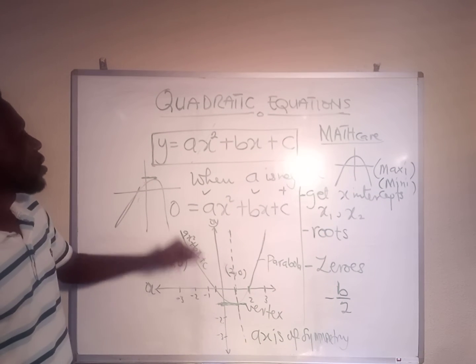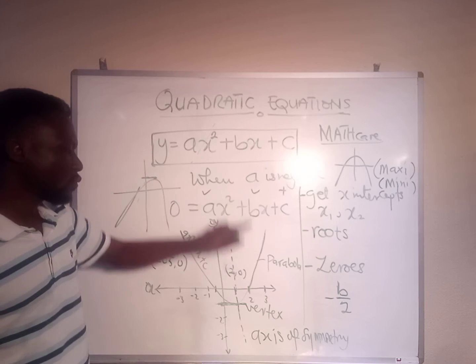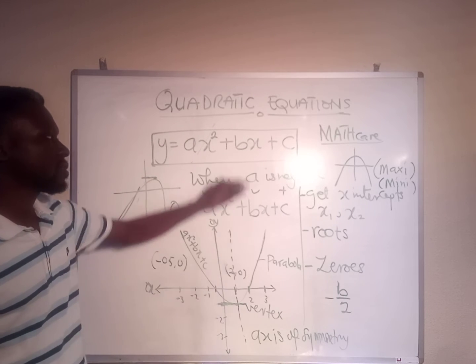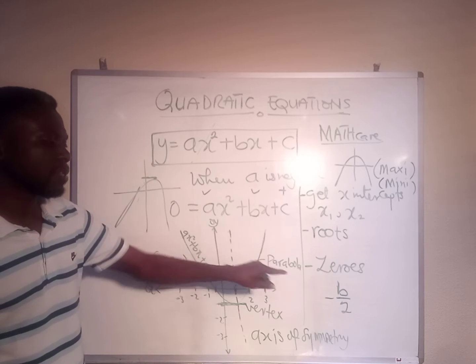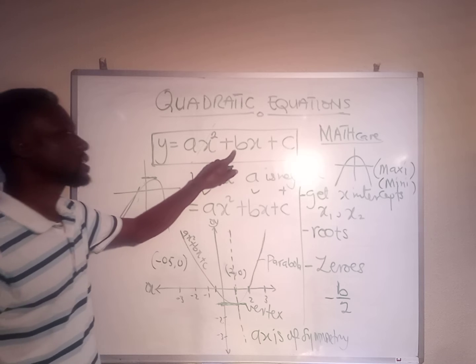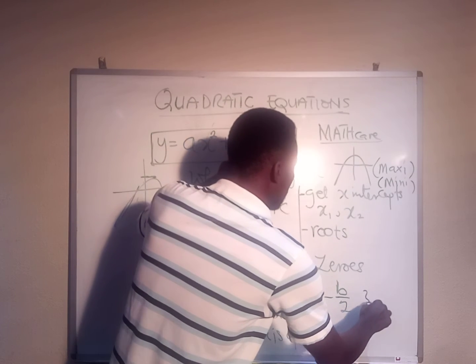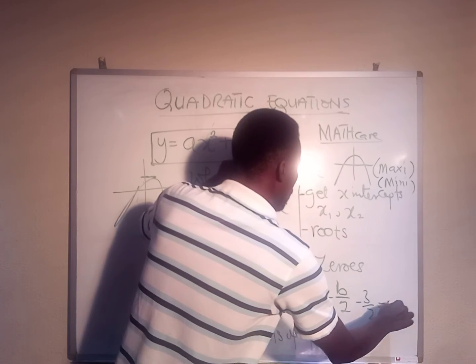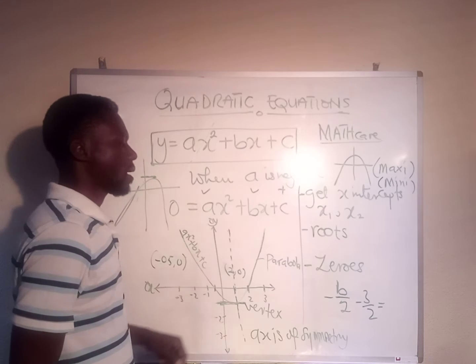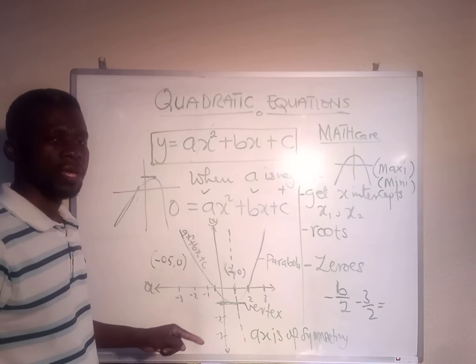It means that whenever an equation is given, whatever number is here, if you want to find the equation of the axis of symmetry, take that number, negate it, and divide it by 2. So for instance, if let's say here is 3x, you will say negative 3 over 2. And that will give you your equation of the axis of symmetry.